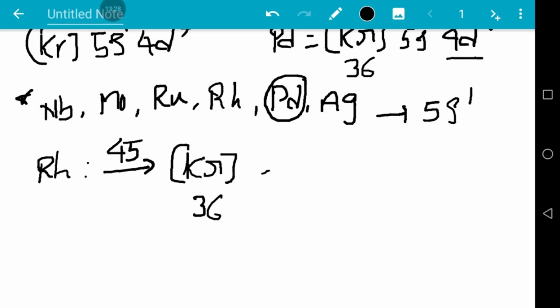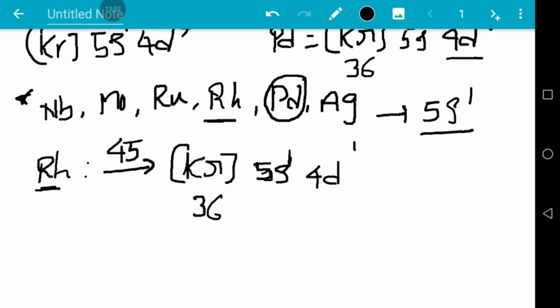Rhodium has an exceptional configuration, 5s1. So write 1 electron in the s orbital, then the remaining 8 electrons keep in the 4d orbital. So this is the rhodium configuration.